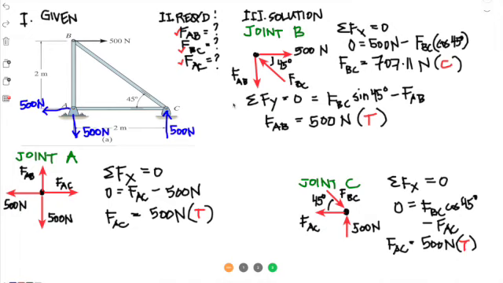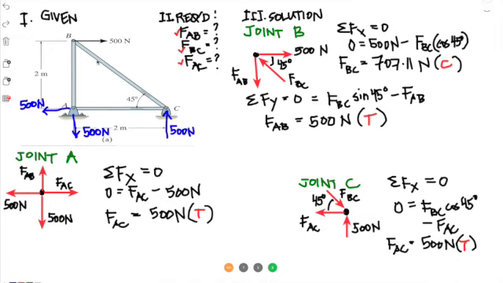Okay, so that is how you do your method of joints. You just need to be able to identify the support reactions, solve for the support reactions, and then go joint by joint and find the unknowns per member. So this is an easy one. This is a simple truss. So you just need to find three forces.